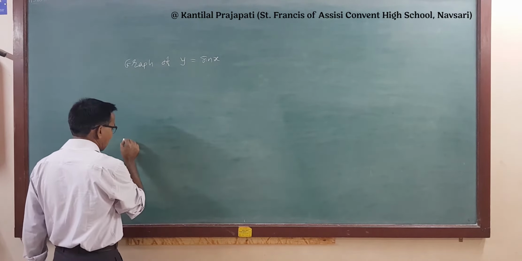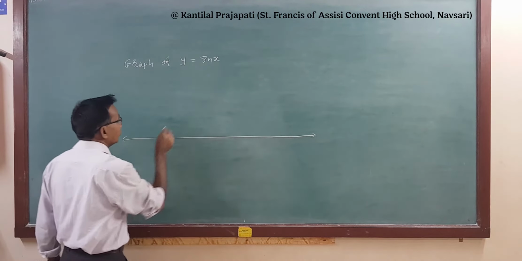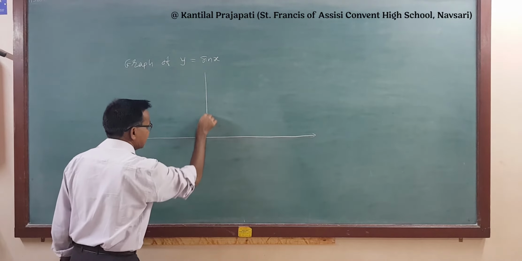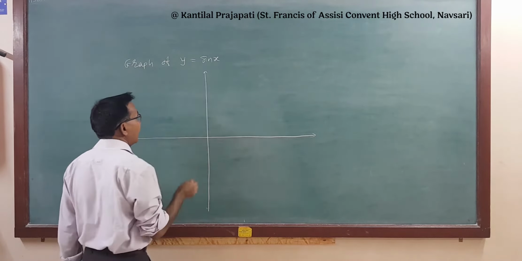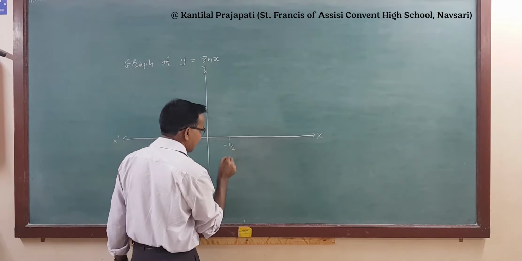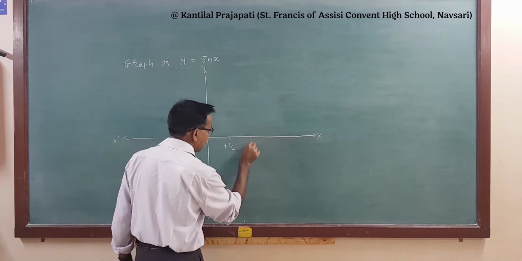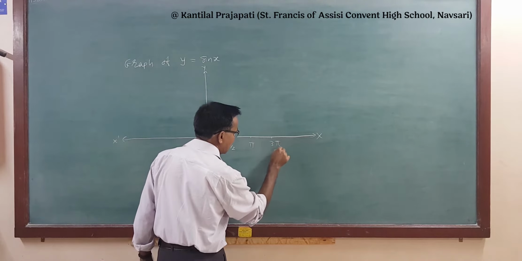See, now we always consider the domain on the x-axis and its value, that is range or codomain, always lies on the y-axis. We write here, we consider points in radian measure: plus pi by 2, then we write pi on the right side, then 3 pi by 2, then 2 pi.